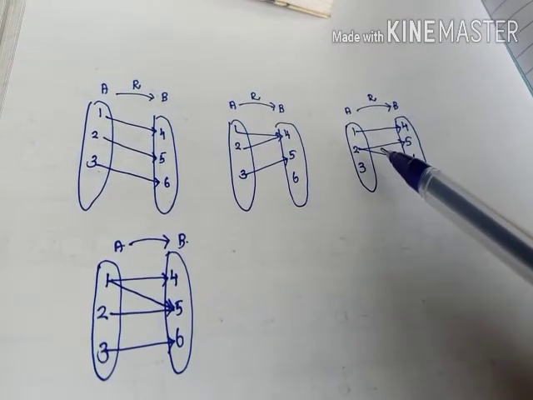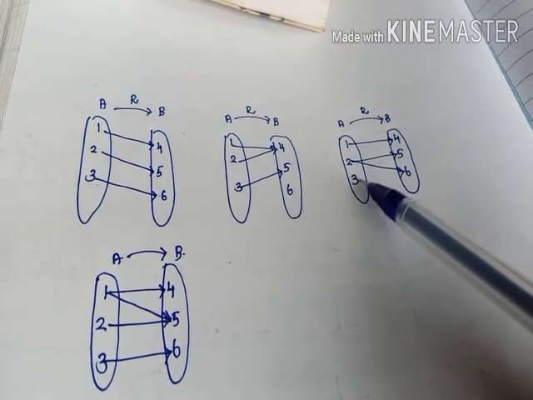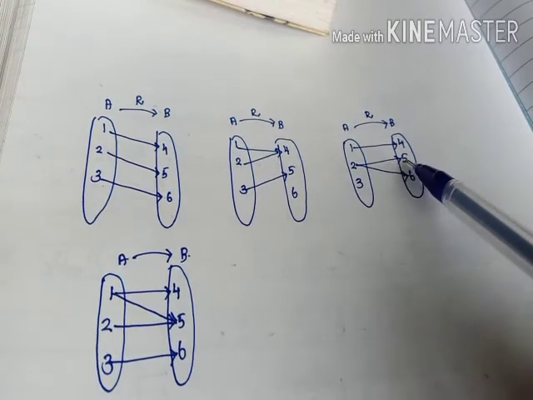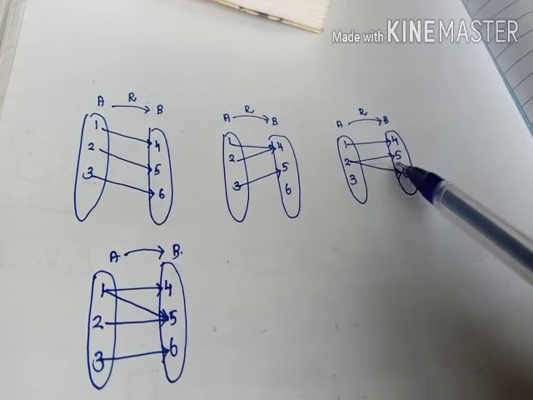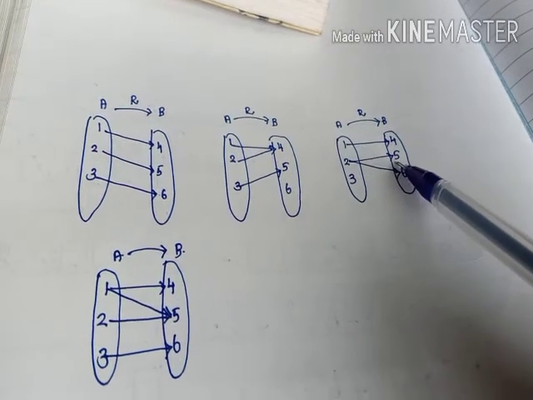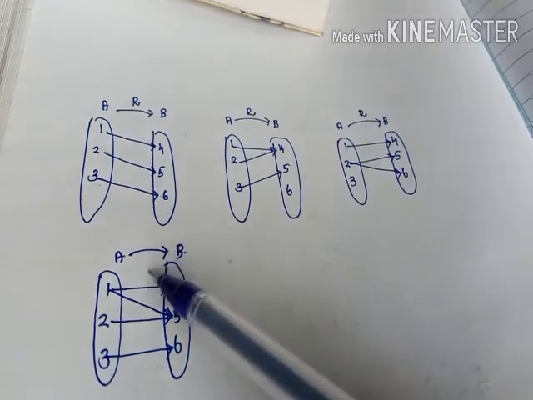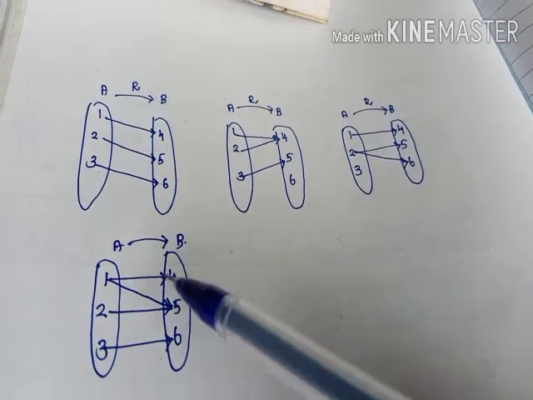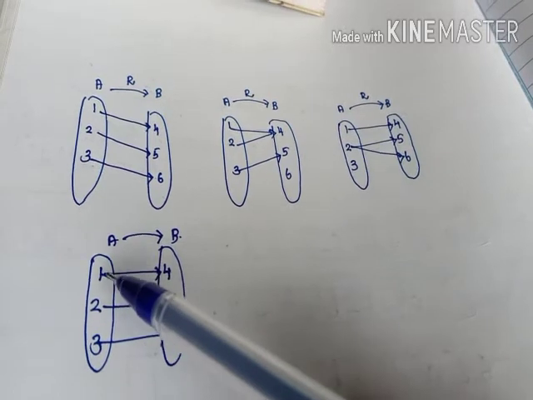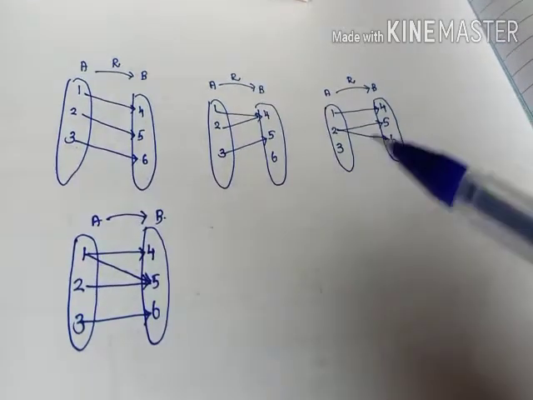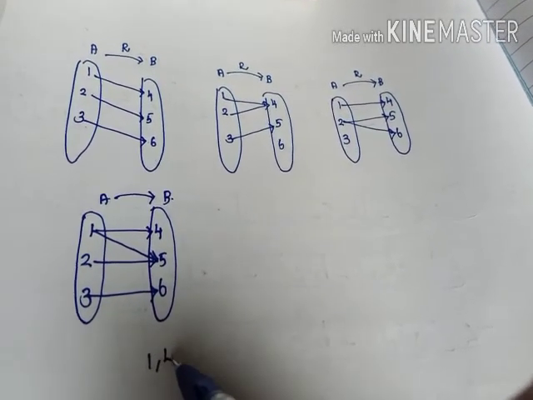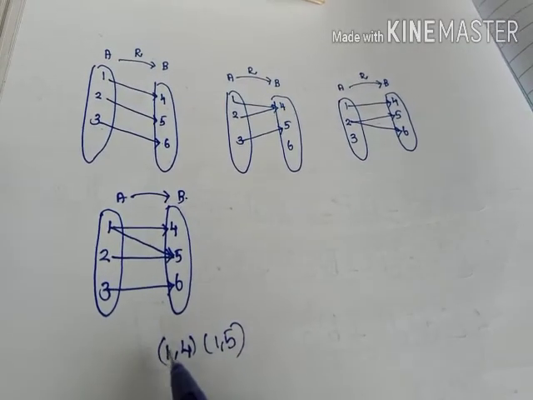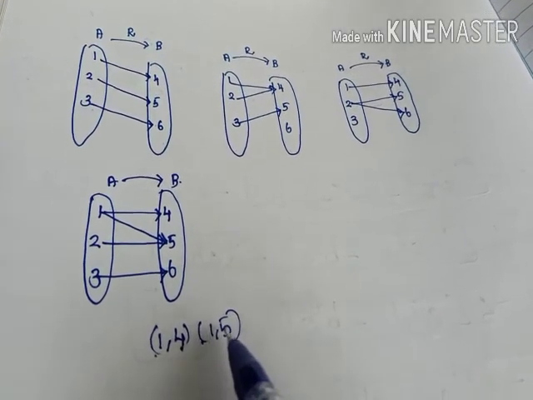See here, you can't say this is a function. Why? One of the reasons is that 3 has no image in B. Now look at this. I already said this is not a function because there are 2 arrows from this 1. So we can write the ordered pairs (1, 4) and (1, 5), which means the image of 1 is 4 and 5.